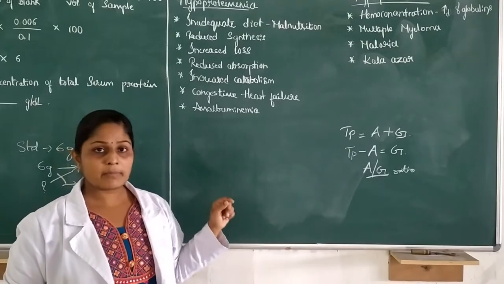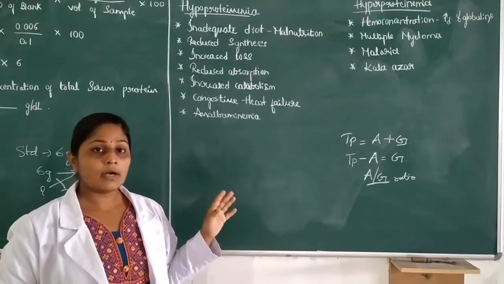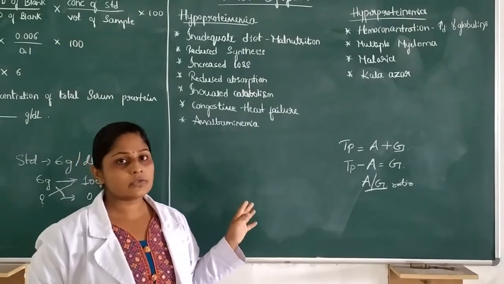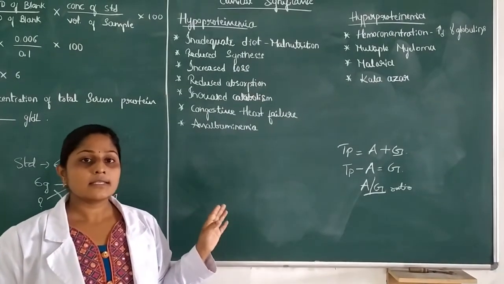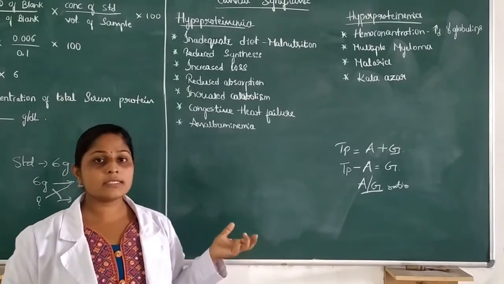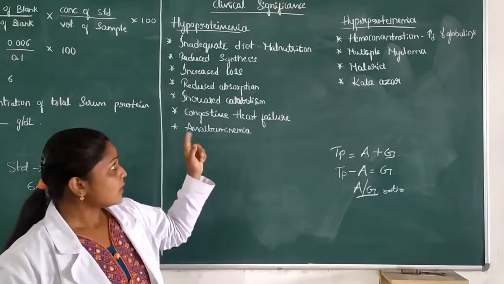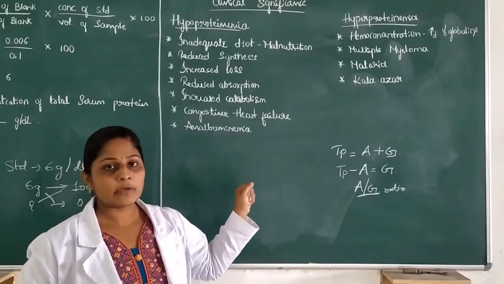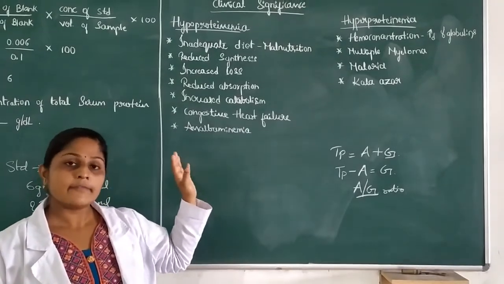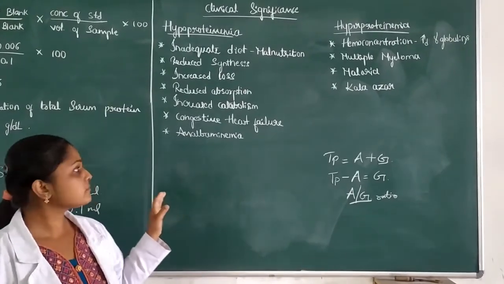And in multiple myeloma. One more condition is cirrhosis of liver, where there is decreased synthesis. So when there is inflammation of the nephrons, nephritis, nephrotic syndrome, cirrhosis of liver, kwashiorkor and multiple myeloma, these are the conditions where the AG ratio is altered.